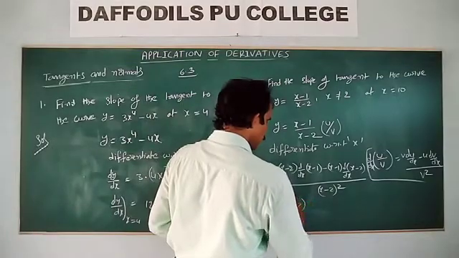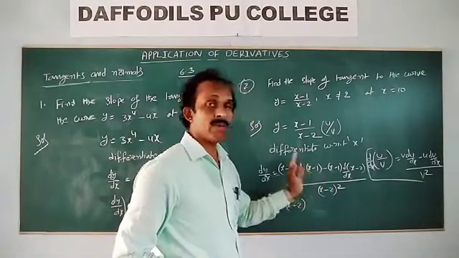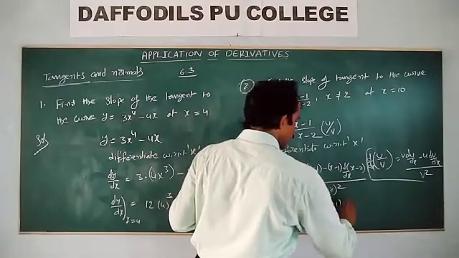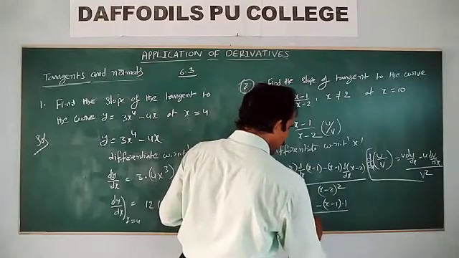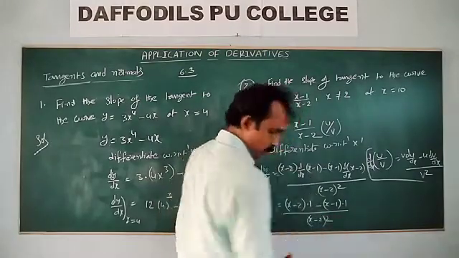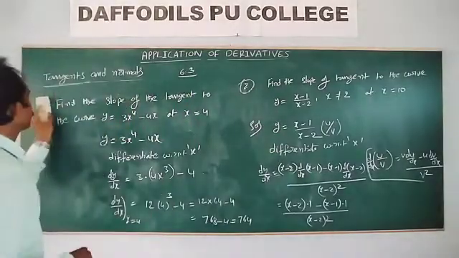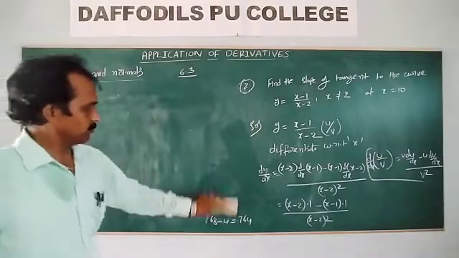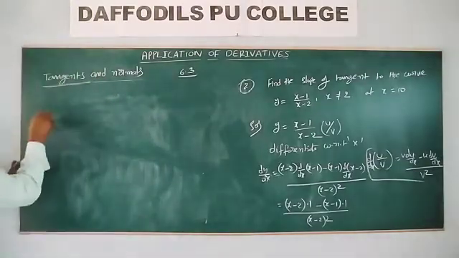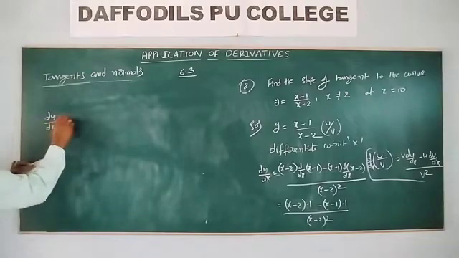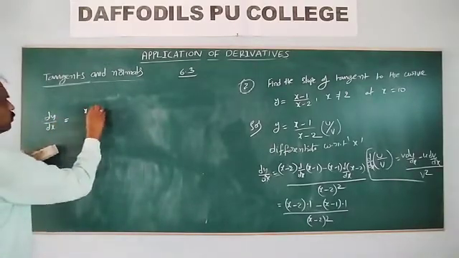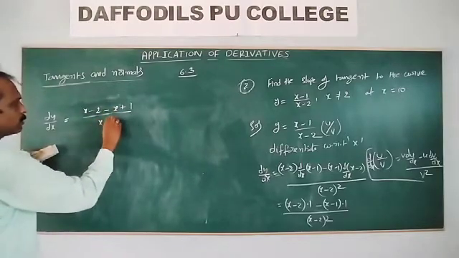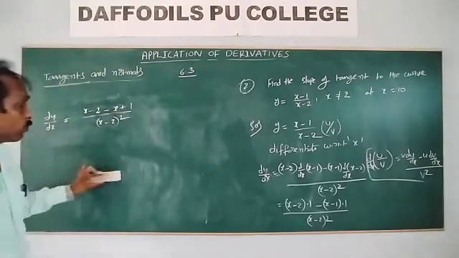Therefore, the derivative of x minus 1 is 1 minus 0, that implies 1, minus x minus 1, here also the same, divided by x minus 2 whole square. dy by dx is equal to x minus 2 minus x plus 1, divided by x minus 2 whole square.